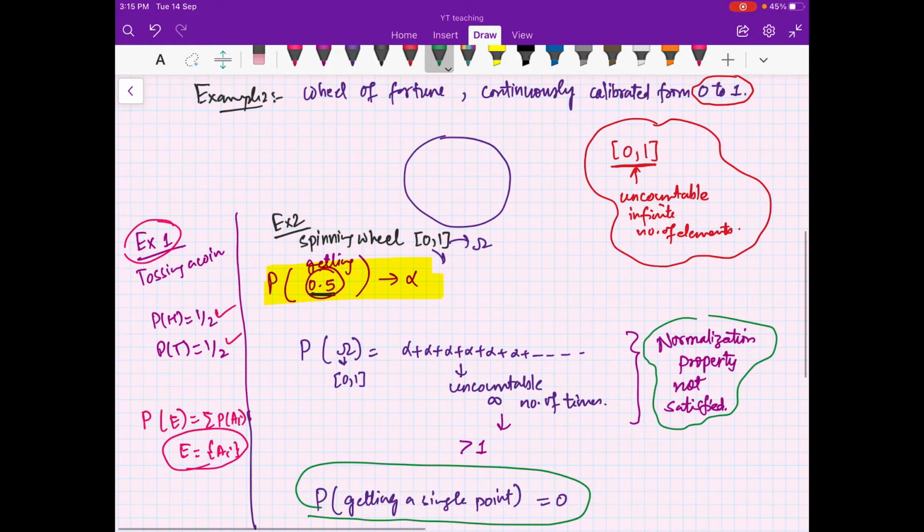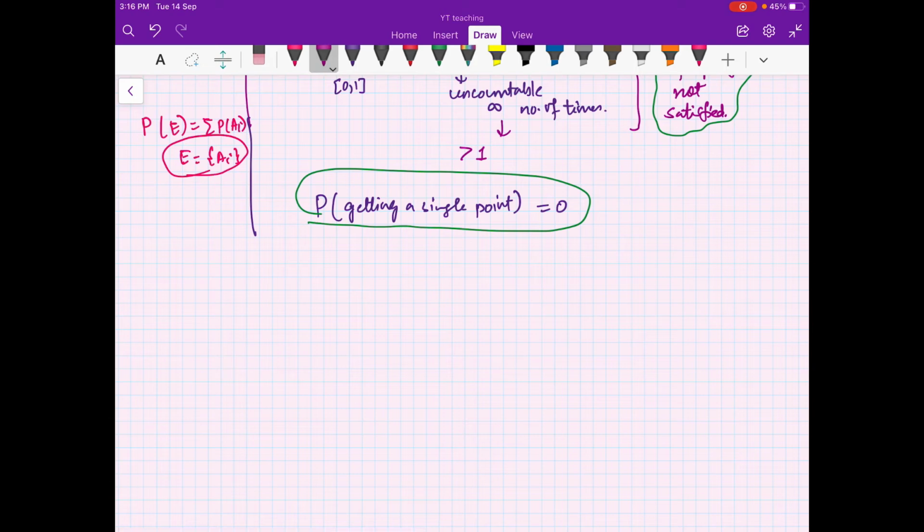So what we can do in this case is, your possible outcomes are from 0 to 1, right? So this is your sample space omega.